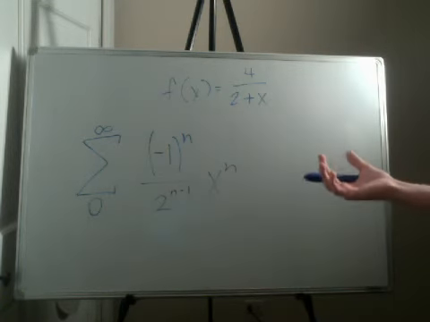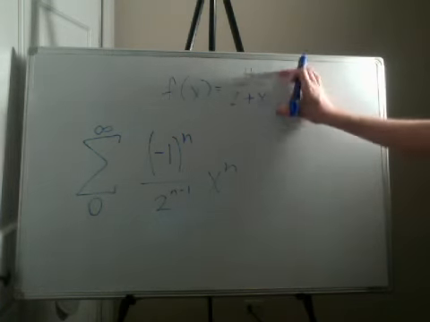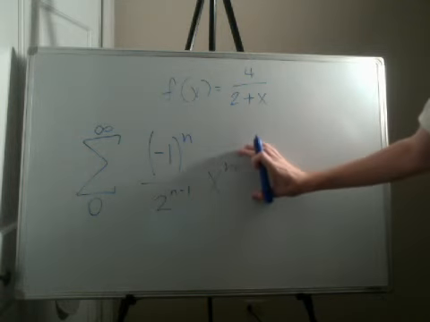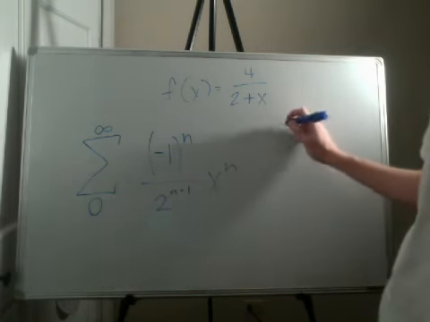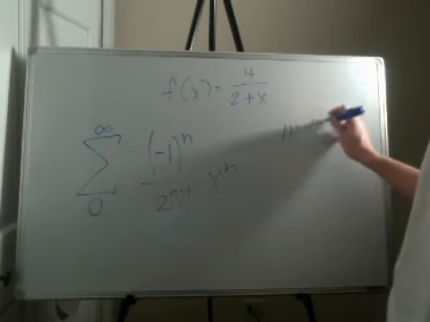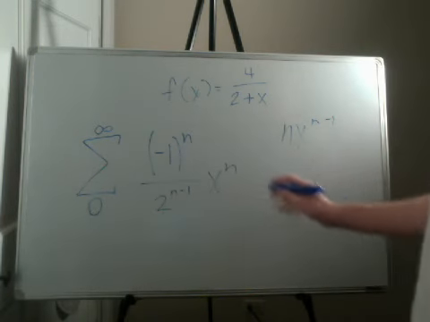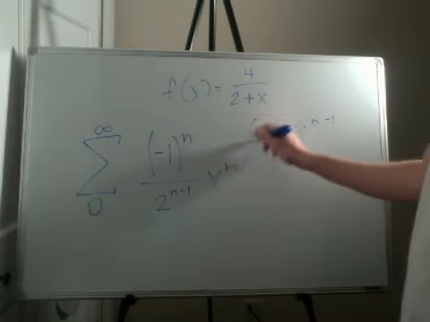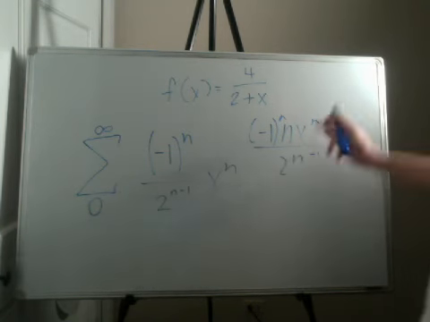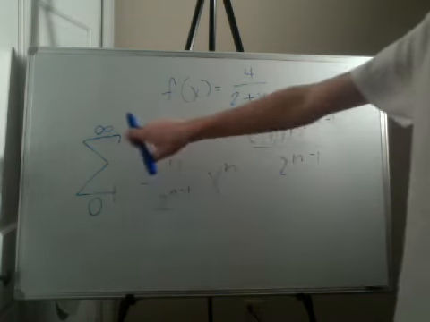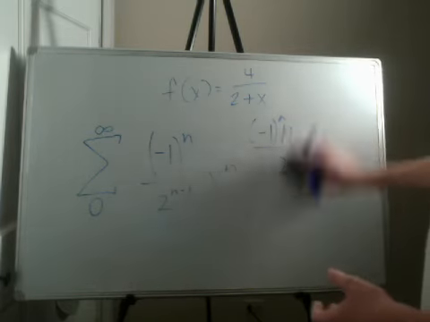So if I want to take the derivative of this function, you could do that by doing this. You take the derivative of this, which would be n times x to the n minus 1, and then multiply that by everything here, so it would be negative 1 to the n all over 2 to the n minus 1, and that would be with the same 0 to infinity.